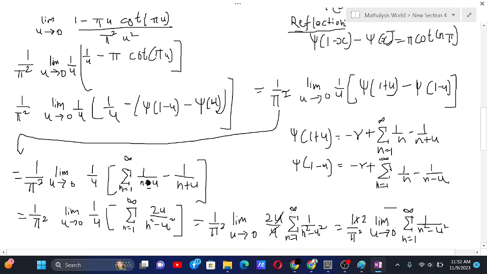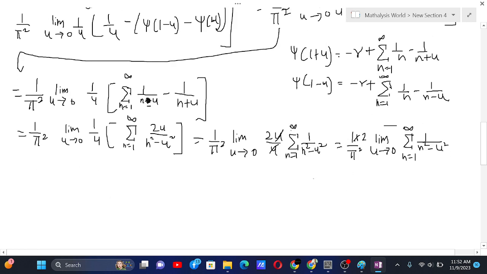Now we can put the value from the limit, which gives us 2 by pi square times summation from n equals 1 to infinity 1 by n square minus 0 square. So now this is just a Riemann zeta function.